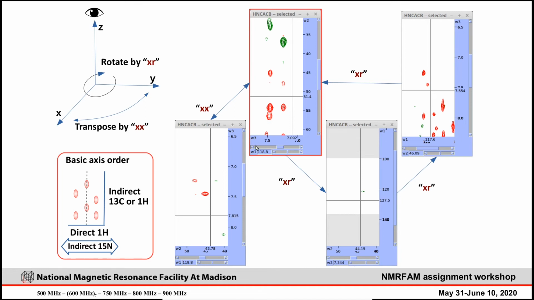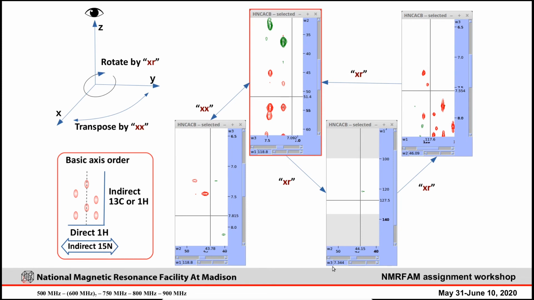So if you type XL, the first dimension goes here, the second dimension will be here, and then the third dimension will go there. So it actually changes everything.